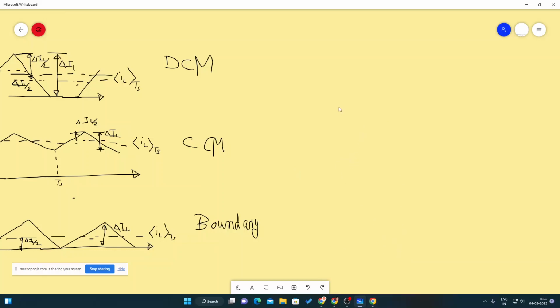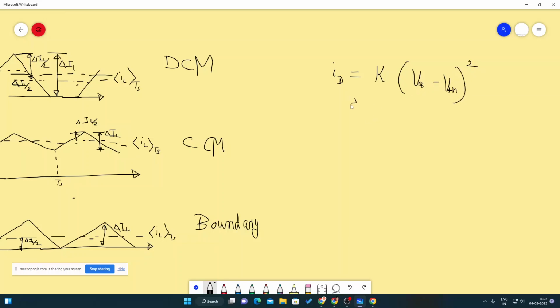You are talking about this expression, ID equals K times VGS minus V threshold whole square, which holds when the MOSFET is in saturation, right?